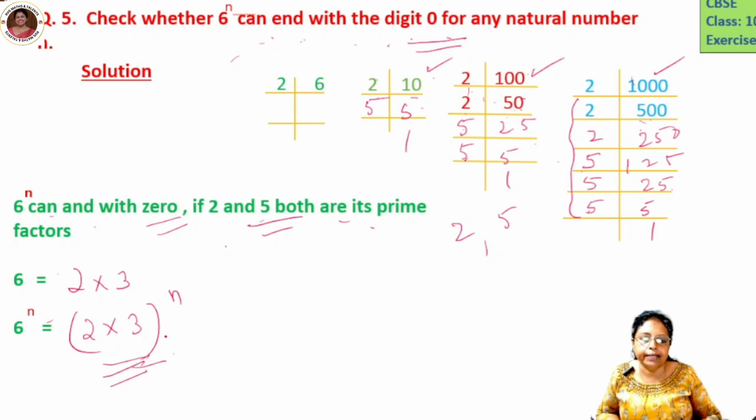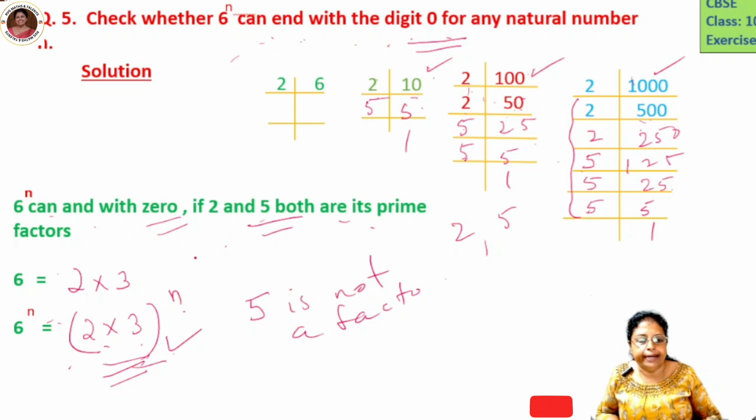That means the only way we can factorize 6 raised to n is (2 times 3) whole raised to n, and you can see 5 is not a factor here. That means we cannot find a number n such that 6 raised to n ends with digit 0. Is it?